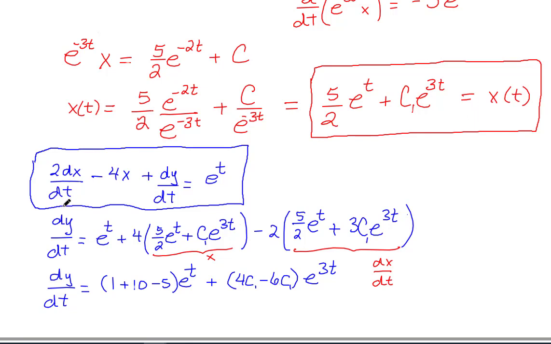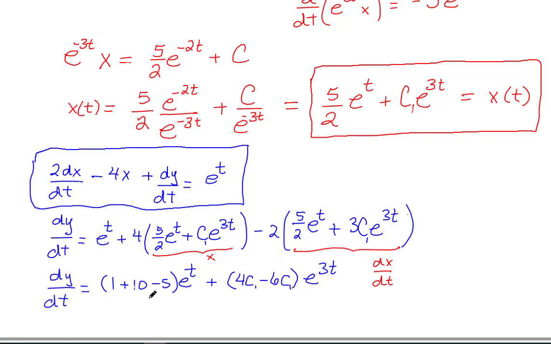All right, so solving this for dy dt, I'm going to move everything to the right. So here's my forcing term, e to the t minus, so now it's a plus 4 times my x term minus 2 times the derivative of my x solution.